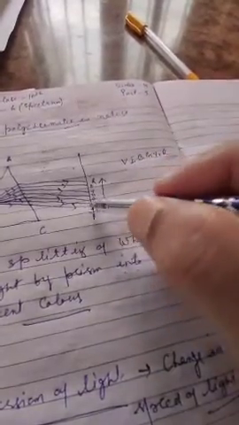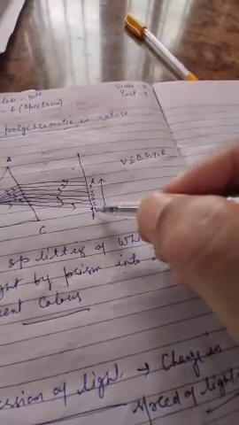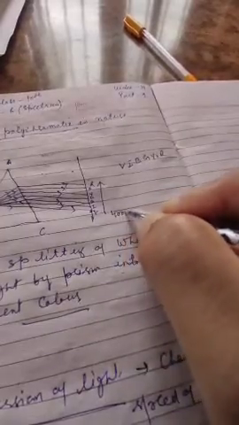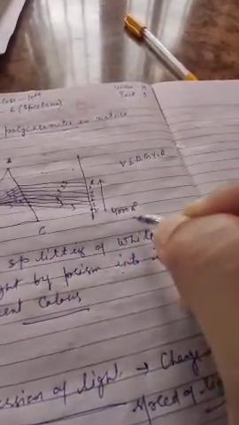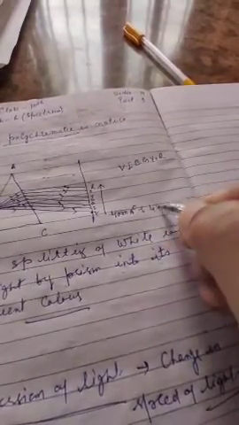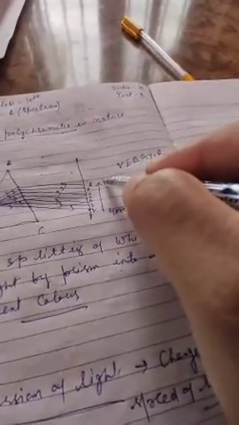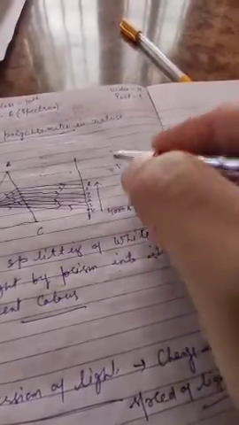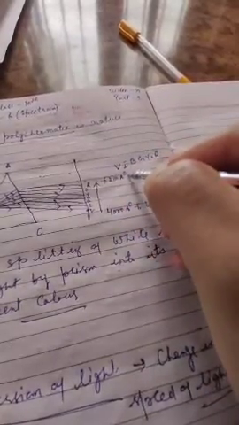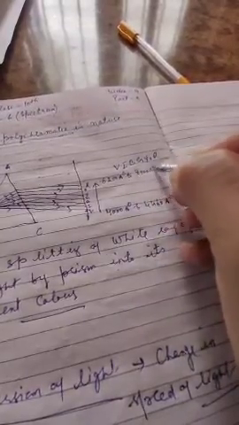The color which deviates the most, violet, has the minimum wavelength, between 4000 angstrom and 4460 angstrom, and the wavelength of red lies between 6200 angstrom and 8000 angstrom.